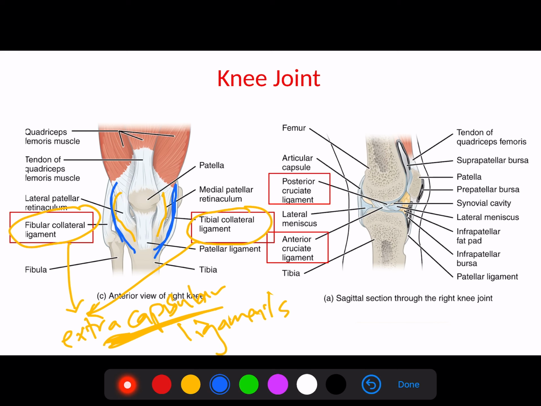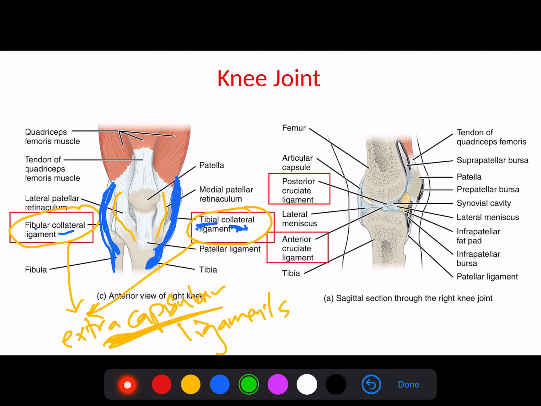And from their name, the tibial collateral ligament is coming from the tibia toward the femur. The fibular collateral is coming from the fibula toward the femur. Collateral means that they are on the lateral sides, okay, and they are 2. So we have the extracapsular tibial and fibular collateral ligaments.